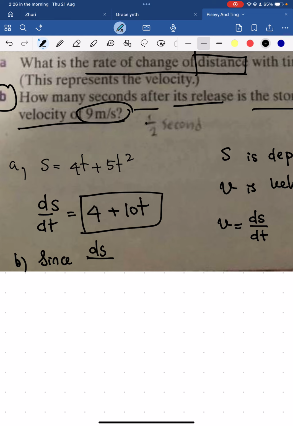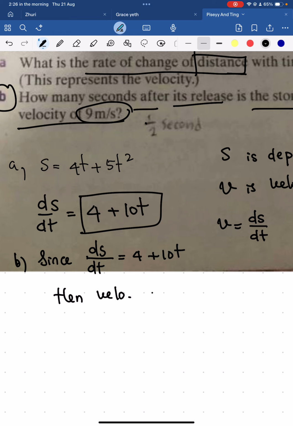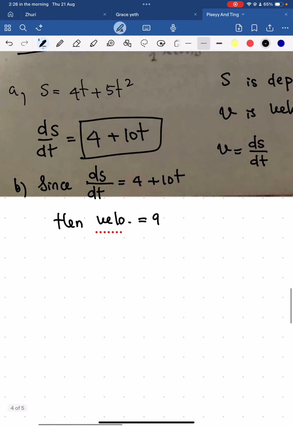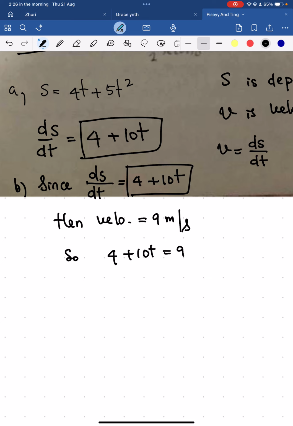So ds over dt equals 4 plus 10t, right? Then velocity equal to 9 meters per second. So we can just say 4 plus 10t equals 9. You know why? Because this is also v of t.